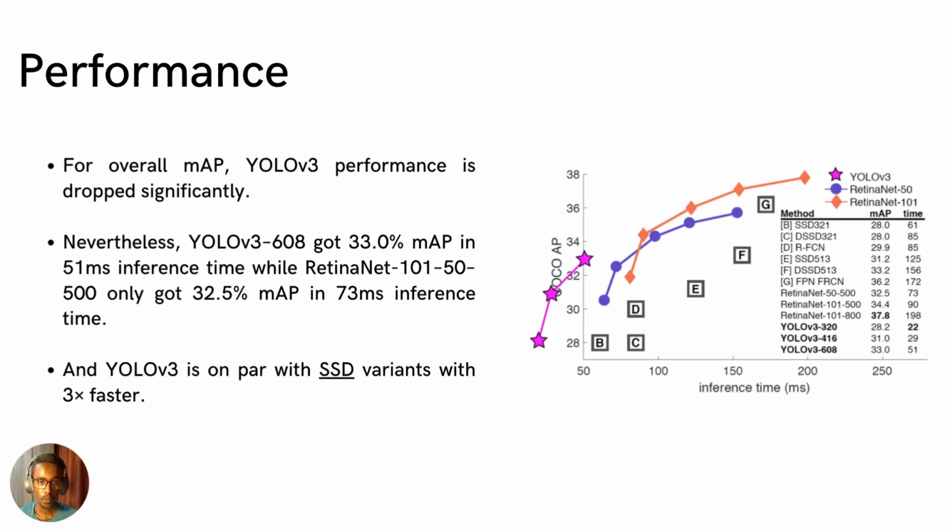But when you compromise on the performance, then you will get a higher speed. That's what we take into consideration when we're implementing this kind of model. So this is all about YOLOv3, and in the next video we will take a look at YOLOv4.